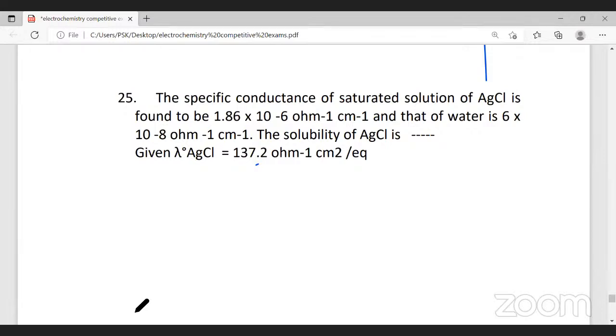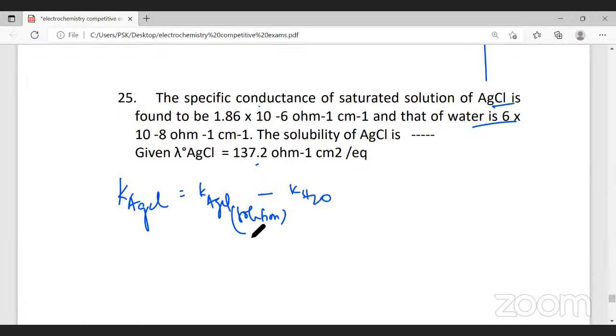In order to calculate solubility, they have given you the conductance of the silver chloride solution as well as the conductance of water. Conductance of silver chloride is equal to conductance of silver chloride solution minus conductance of water.